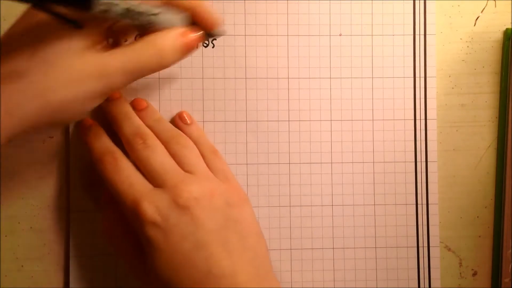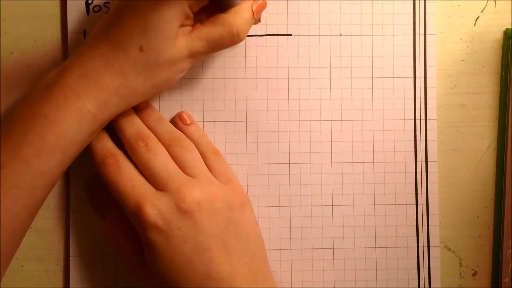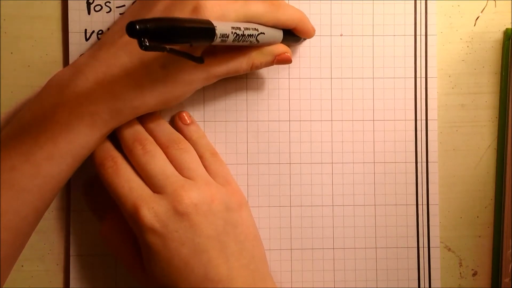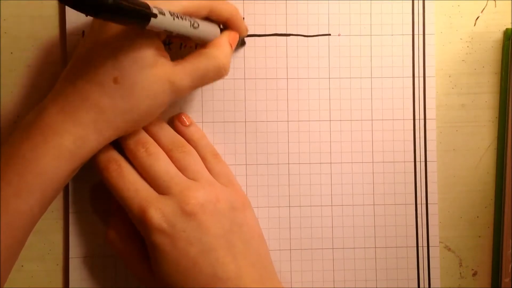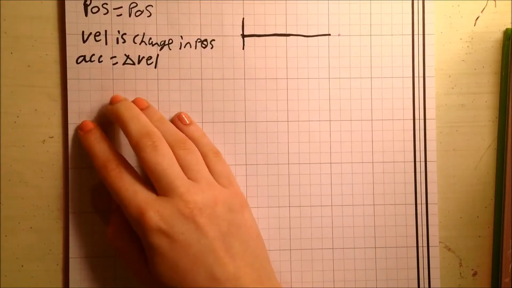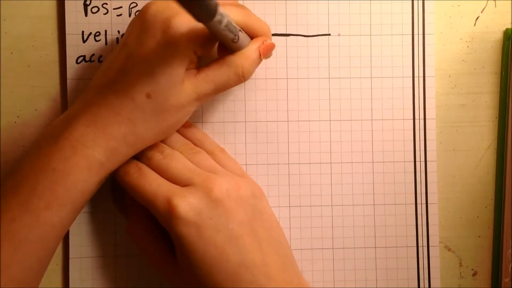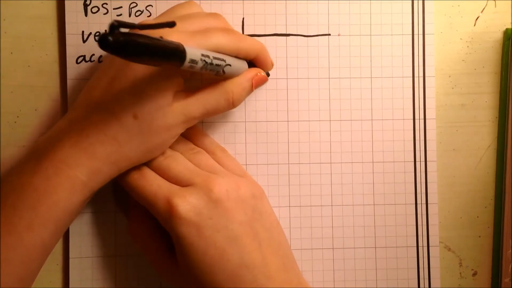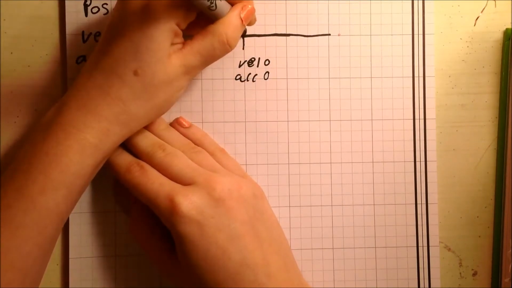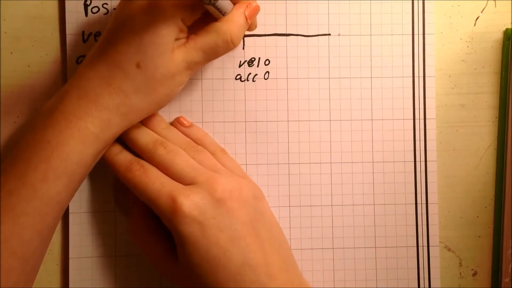So how can I show that? Well, okay, say we have a number line here, and our initial position here is 0. Well, let's say we have a velocity of 0 and an acceleration of 0. Well, we're starting here, so we don't do anything.